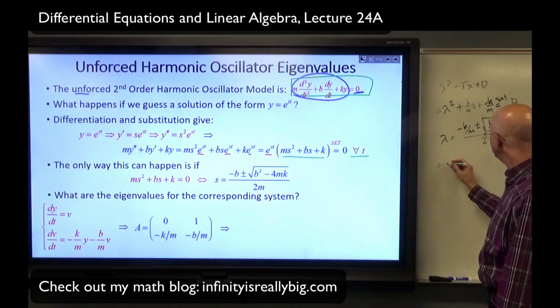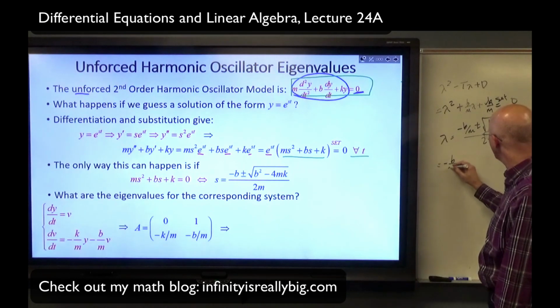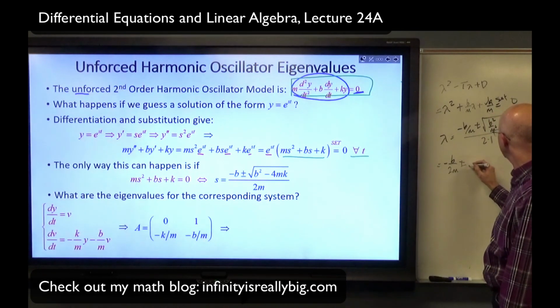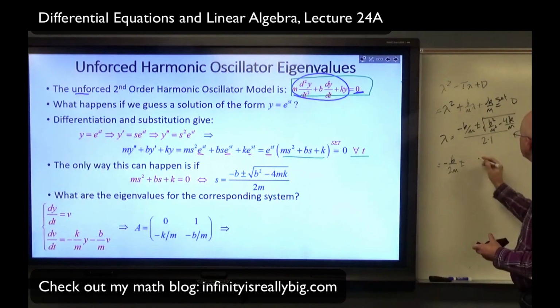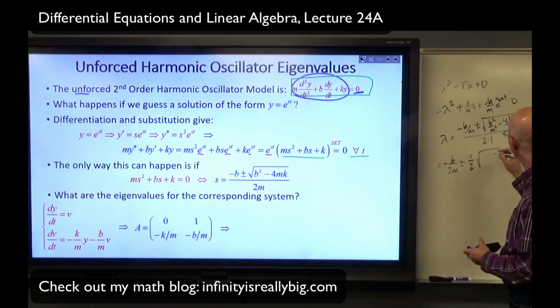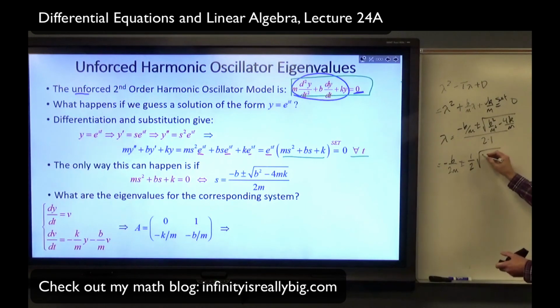This can be simplified to negative b over 2m plus or minus the square root, well, put a 1/2 in front, the square root of, get a common denominator of m squared here, and you're going to get b squared minus 4mk over m squared.